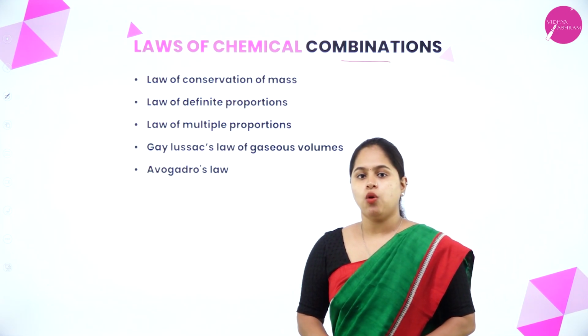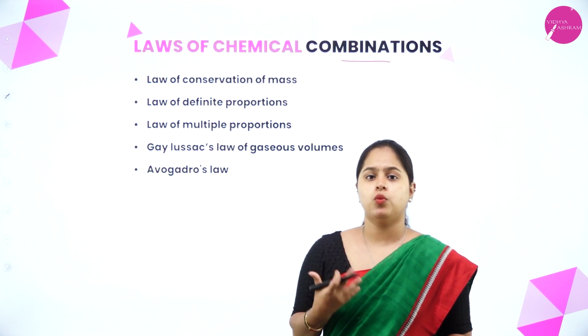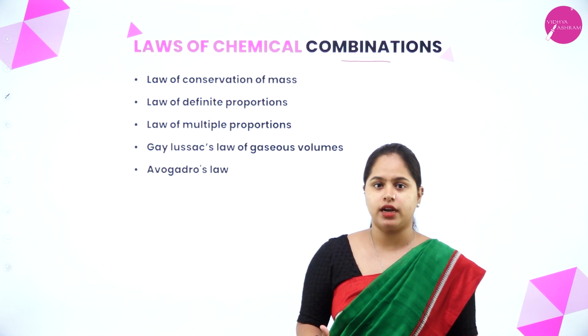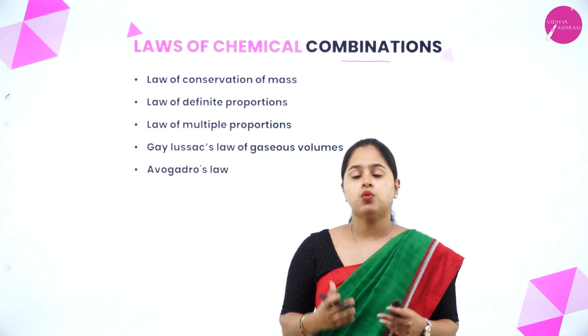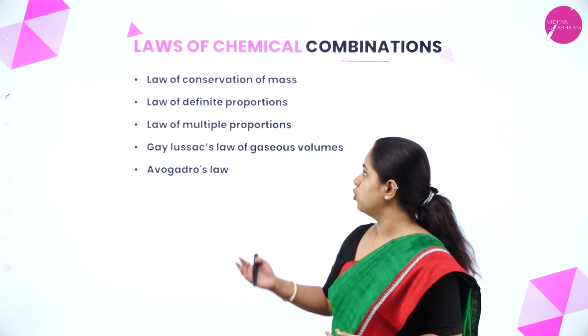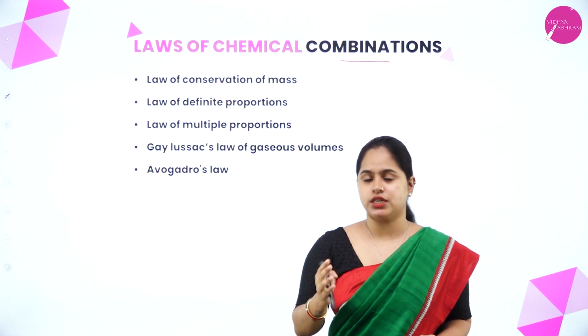So what does this mean? Laws of chemical combination. Why is it necessary? So in the study of chemistry, we know that there are chemical reactions taking place. Whatever chemical reactions take place, they have to follow these laws of chemical combinations that we are going to study now.